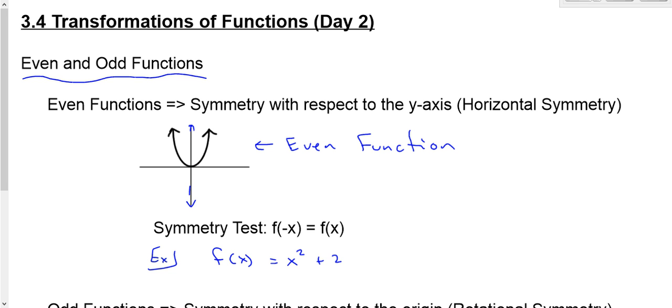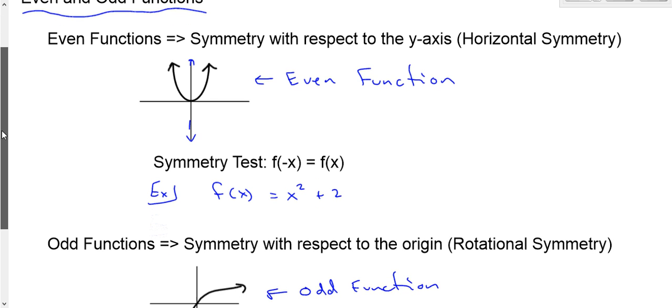If you try to move that parabola over somewhere, now it's not symmetrical with respect to the y-axis. So we need to make sure that it is symmetrical with respect to the y-axis.